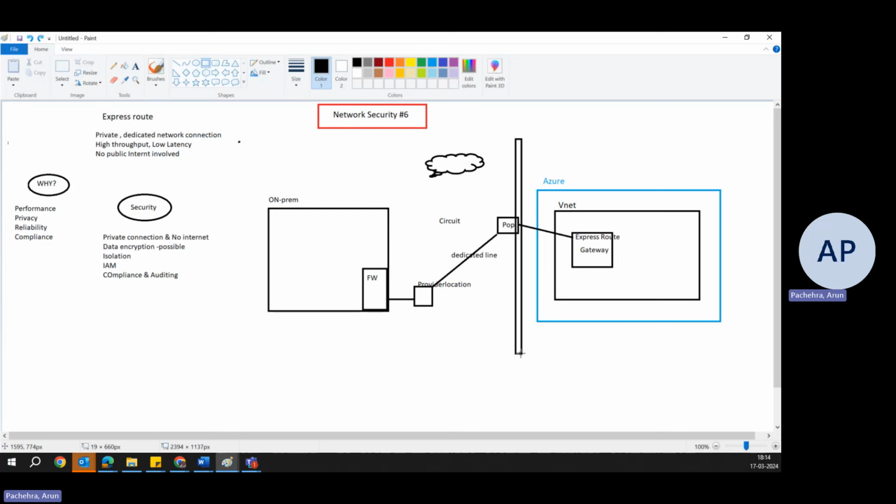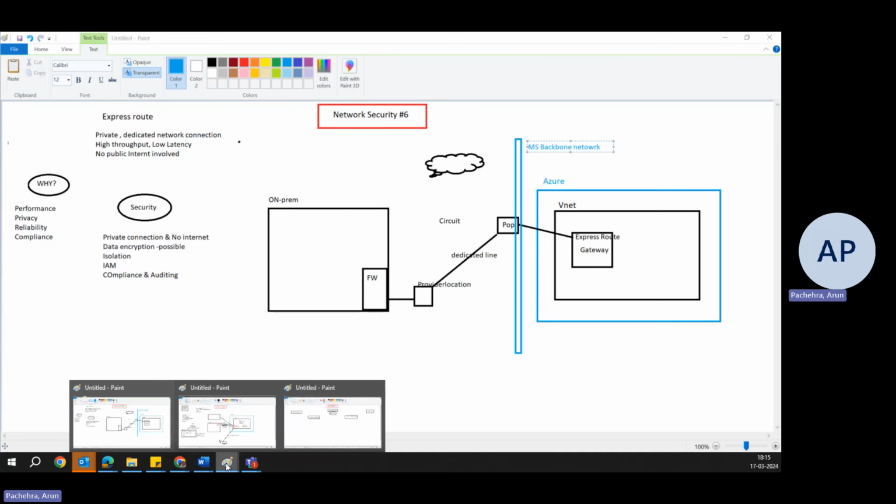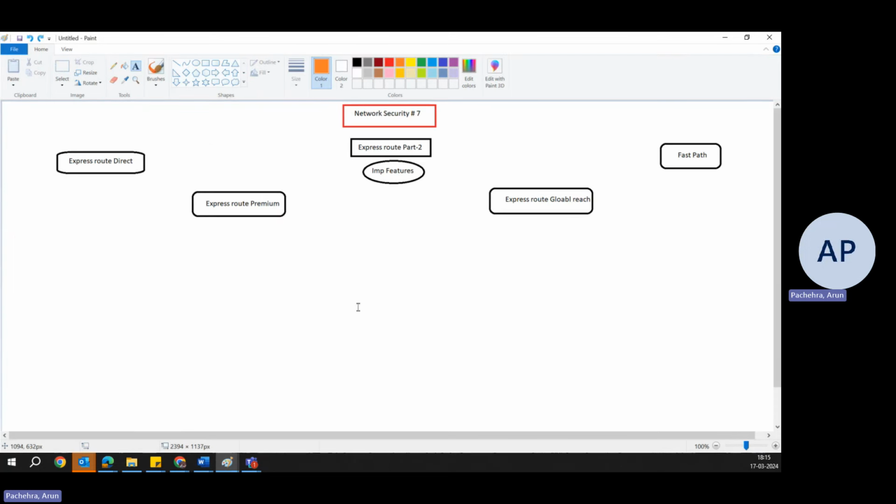Let's suppose this is the Microsoft backbone network, and there are edges in different locations and regions, and that's how traffic goes to the Microsoft backbone and to the gateway.